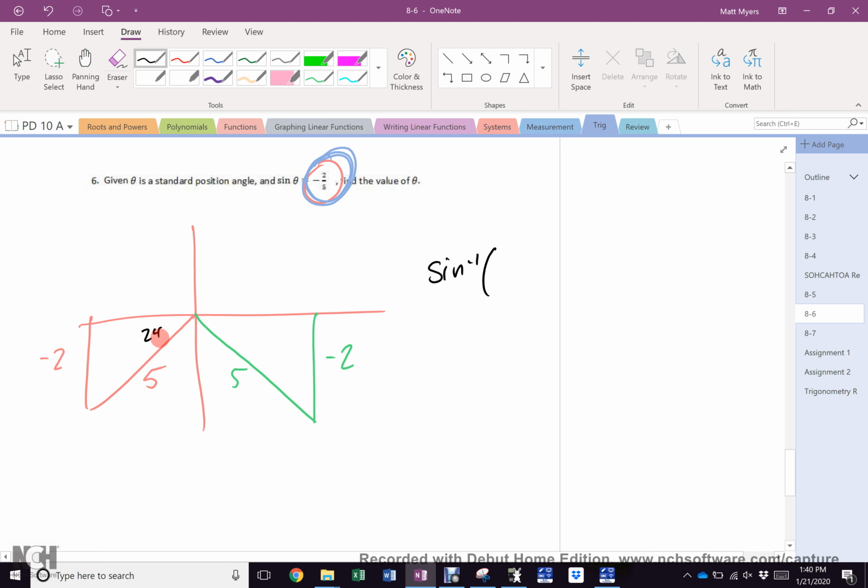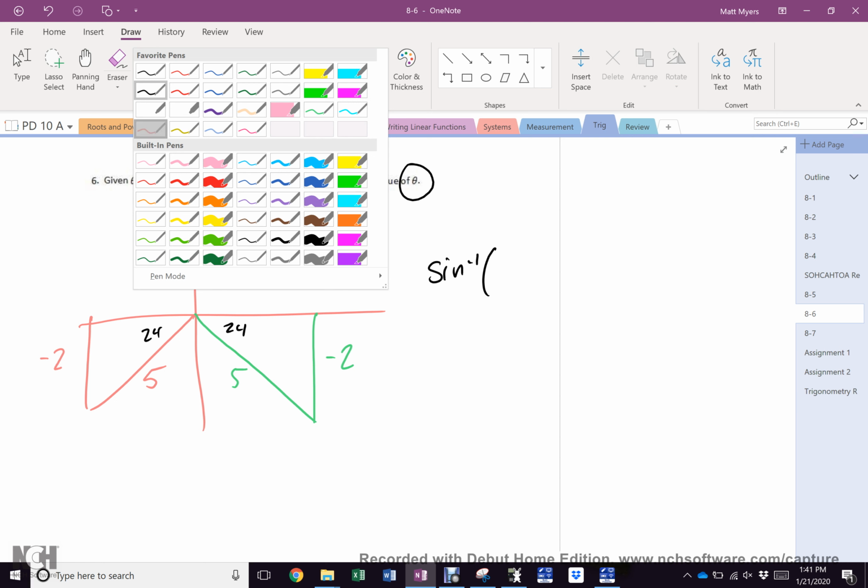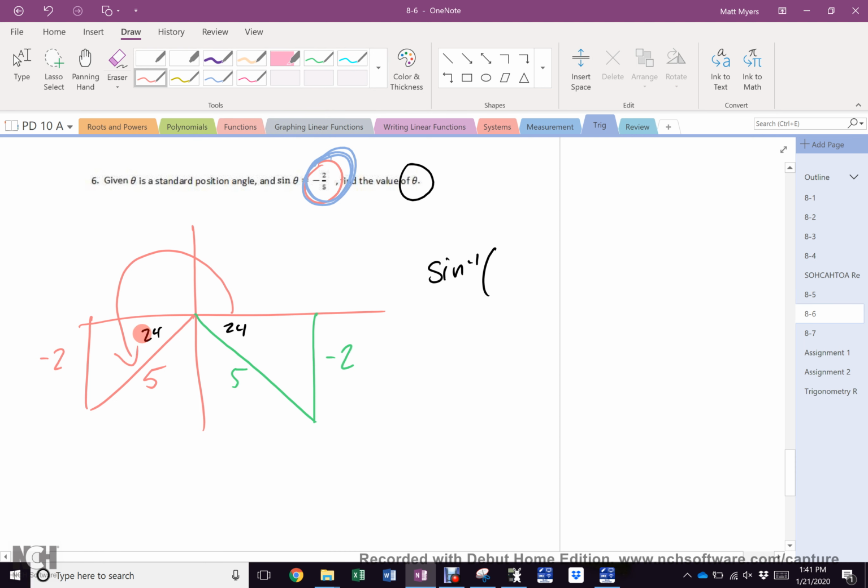24, and is either one of those the answer to the value of theta? No. Because those are reference angles. What is pink theta? 204.